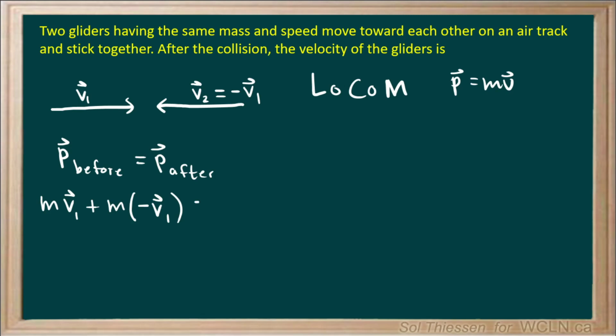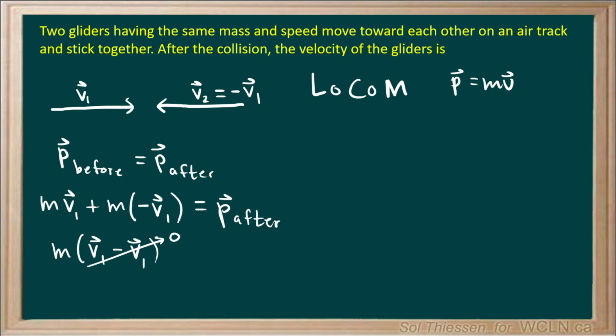Now, this is going to be equal to the momentum of the system after the collision. So on the left-hand side here, if we factor out the mass, we'll be left with m times the velocity of the first glider minus the velocity of the first glider.